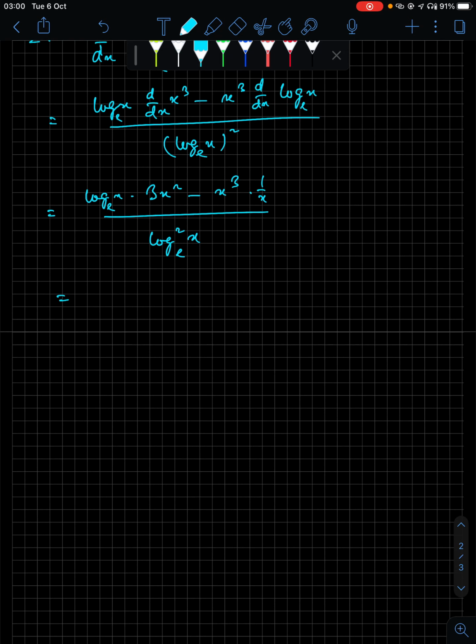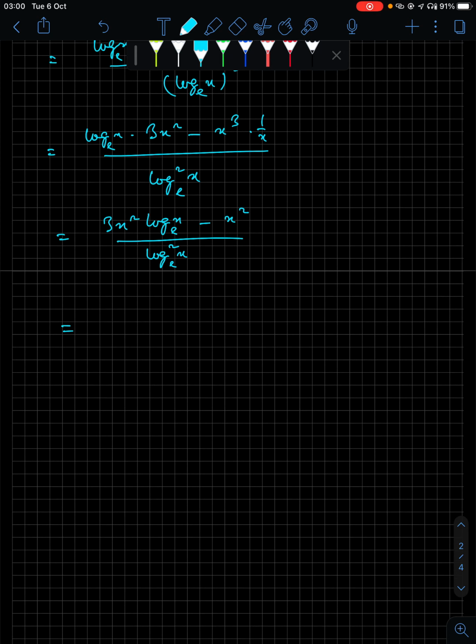So what you have is 3x square log x base e minus x square. And you see if there is a scope to take something common in the numerator. So what can be taken common in the numerator? It's x square, right? So 3 log x base e minus 1, and you have log x base e whole square in the denominator. That's your answer for the second problem.